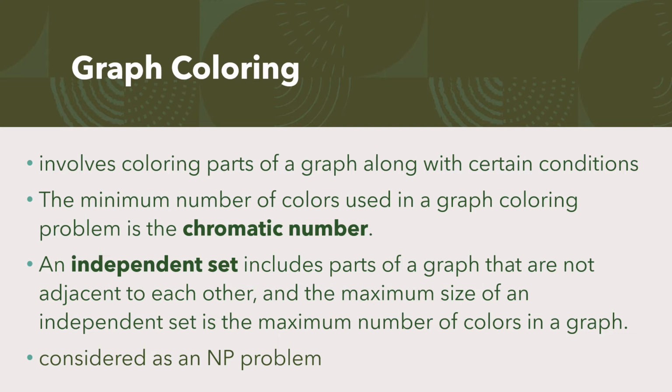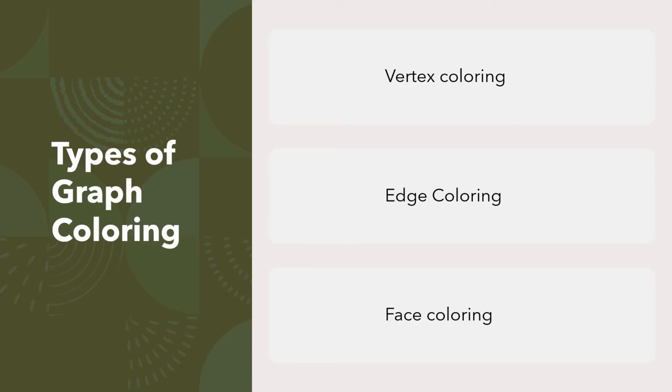However, it is considered as an NP problem, since no polynomial time algorithm can possibly be formed for computing the chromatic number of a graph coloring problem. There are 3 types of graph coloring. These are the vertex coloring, edge coloring, and face coloring.